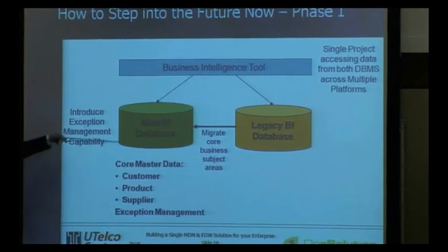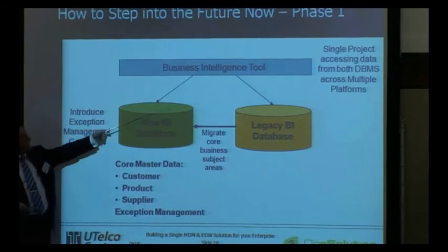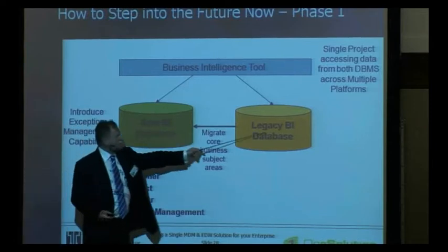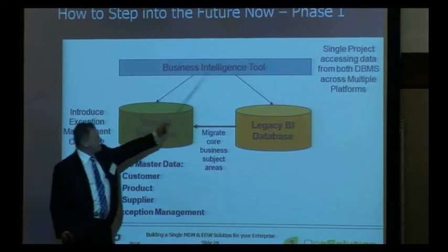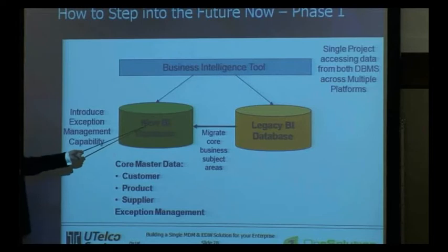So we're introducing the exception management capability and we're migrating just those master data to the new environment. We're putting the business intelligence tool on top, so it views the legacy data the same as it always did, but all of a sudden now it's not viewing the master data from the legacy BI database, it's viewing it from the new BI database.